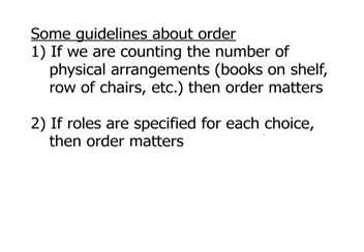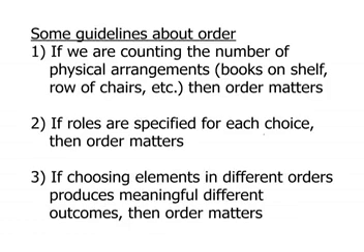If roles are specified for each choice, for example, the problem we just had, where there was a treasurer, a chair, and a secretary, if there are specific roles for each slot, well then order matters also. If choosing elements in a different order produces different meaningful outcomes, then order matters.